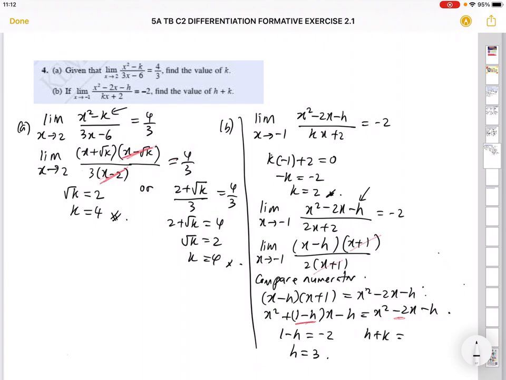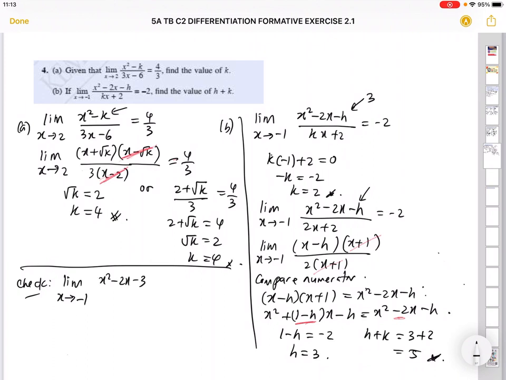Okay, one thing you can do to check, let me just perform a check on this. For question B, we know this is the limit of x approaching -1. Now that my h is 3, I'm going to write x squared minus 2x minus 3. Now that my k is 2, we know we can factorize x minus 3, x plus 1, and this is 2 times x plus 1.